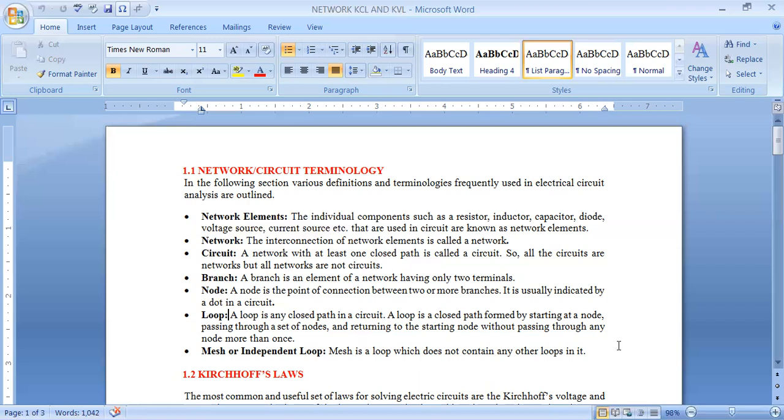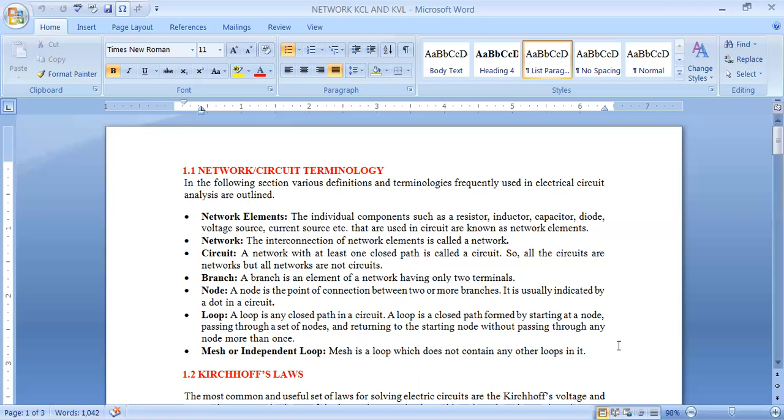What are the resistive networks? Resistance in series, resistance in parallel, inductance in series, inductance in parallel, capacitance in series, capacitance in parallel. Resistive network, capacitive network, inductive network, all are called networks.